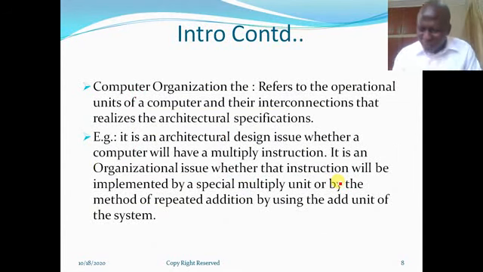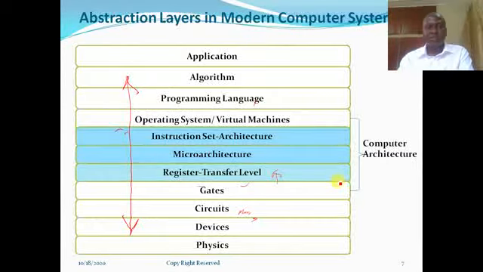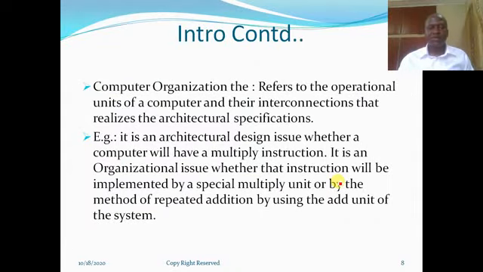Now, in the previous slide, while I was talking about the three layers that majorly constitute computer architecture, I referred to the ISA layer, instruction set architecture layer, the microarchitecture layer, and the register transfer layer.